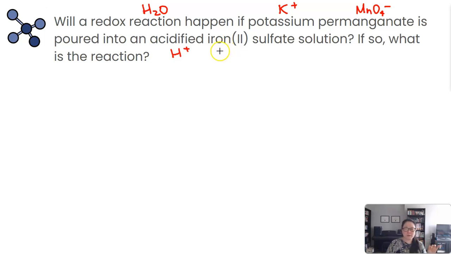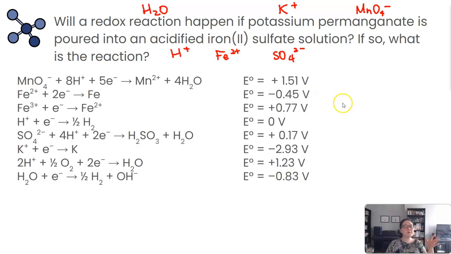Then we're going to take a look at our iron. It's iron 2+, and then we also have sulfate ions in here as well. So we need to take a look at all of the possible half reactions that can happen with all of these species. Here are all of the standard reduction potentials that you have available to you that contain these species.